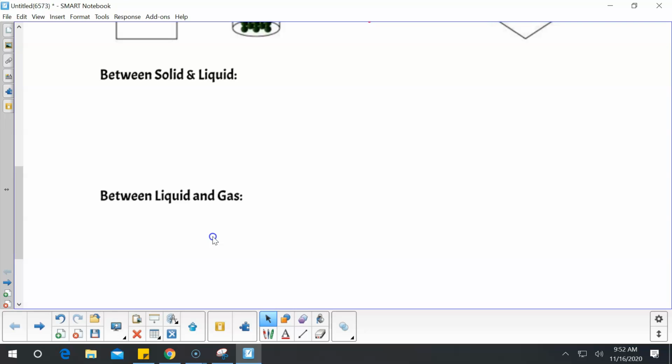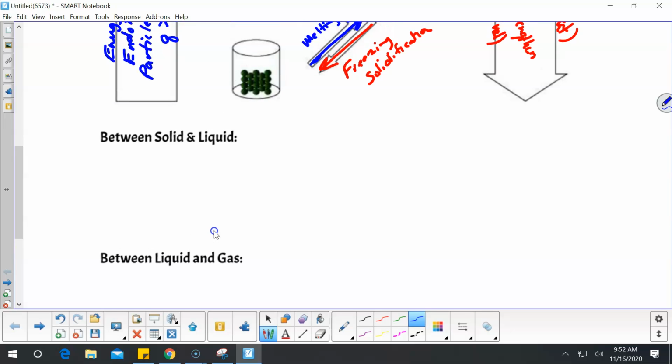So what this is termed between a solid and a liquid, we look at this is called the heat of fusion, or sometimes they call it enthalpy. Either term is correct. So the heat of fusion is, it says how hard it is to change the state of a substance between solid and liquid at its melting point.